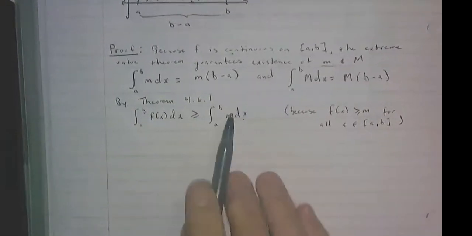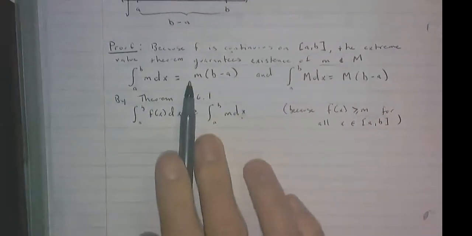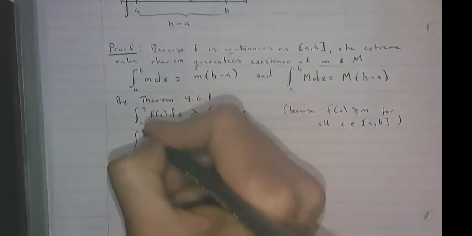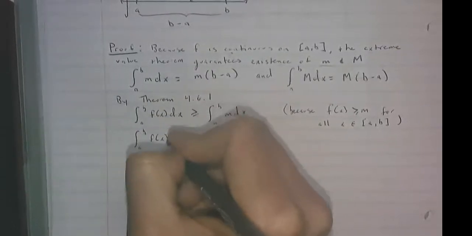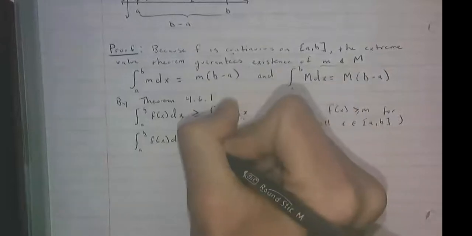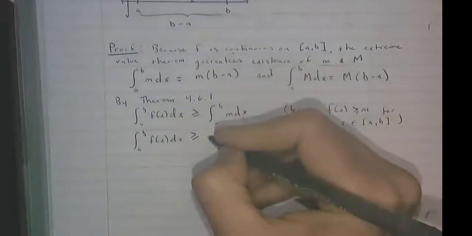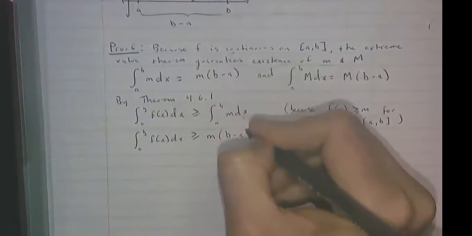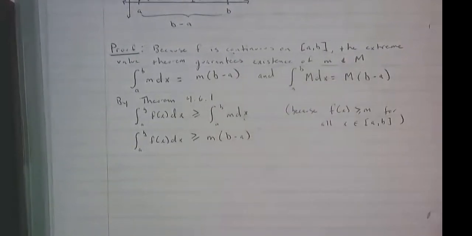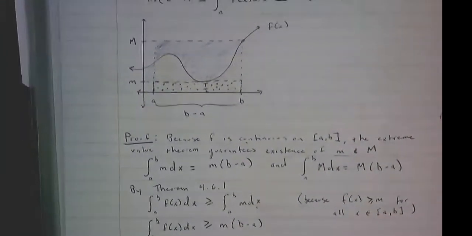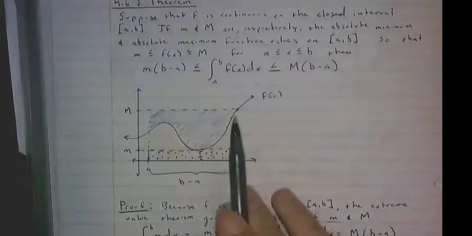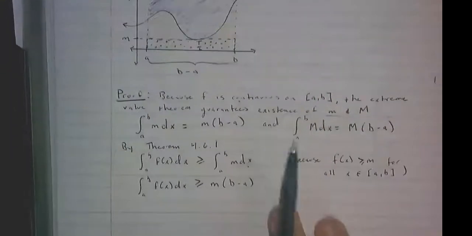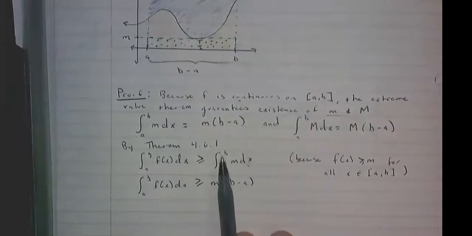Which means, based on this definition right here, that the definite integral from a to b of f of x dx is greater than or equal to m times b minus a. So we're halfway there. We have proved the first half. This definite integral is greater than this one by applying 4.6.1.